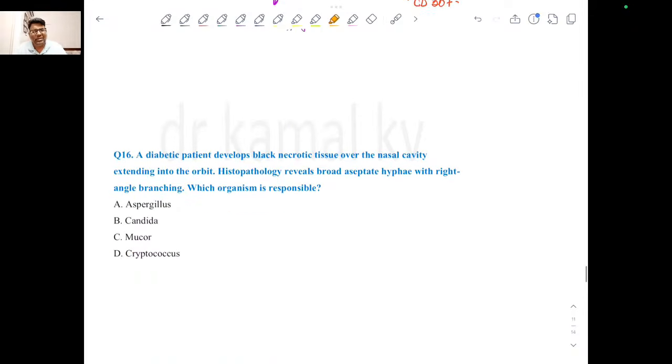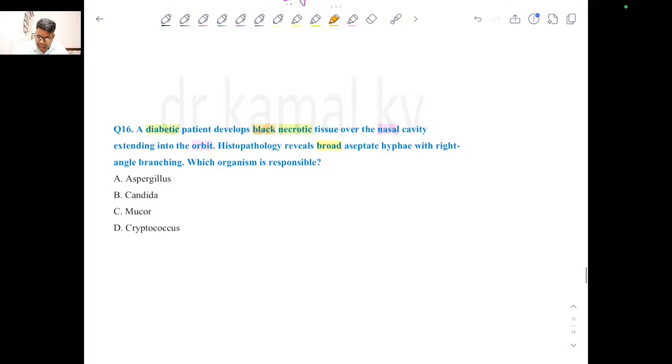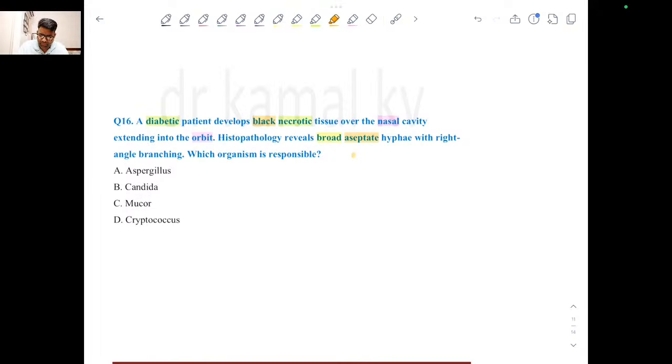Chalo, next question, a very basic question, and I think everyone can answer. Yes, very good, Kakul, you are absolutely right. So, a diabetic patient develops black necrotic tissue over the nasal cavity, which is extending onto the orbit. And then histopathology reveals broad aseptate hyphae with right angle branching.